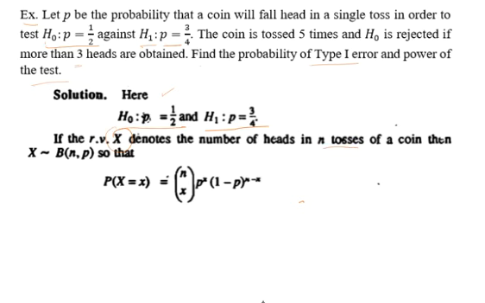Then x is a binomial variate with parameters n and p, so the probability that x takes the value small x, that means the number of successes is x, is given by nCx p to the power x q to the power n minus x, or 1 minus p to the power n minus x, because q equals 1 minus p.